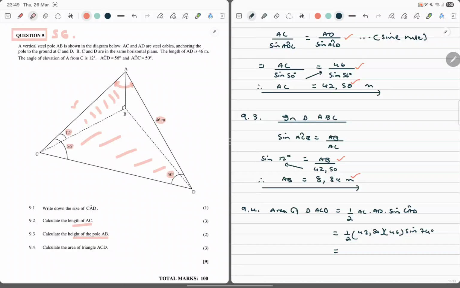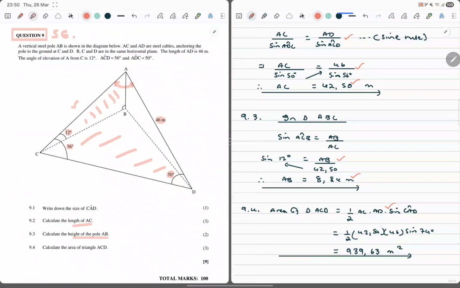This is 9.63 meters squared, remember. Correct units, guys, will be punished if you don't present them correctly.